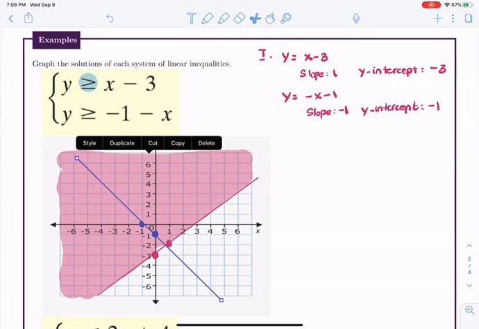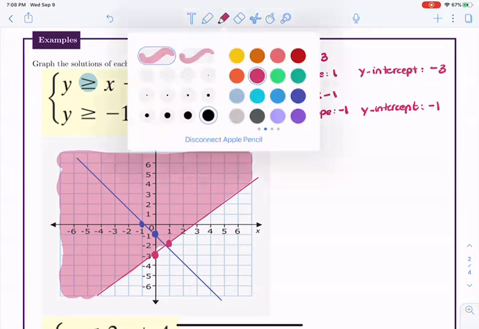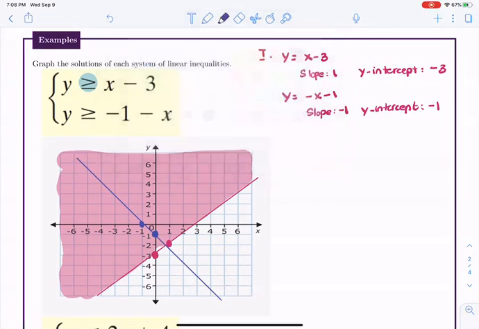Okay. And now we look at the place where to shade. Since it is a greater than or equal to, we have to shade above the blue line. So I'm going to shade everything above.